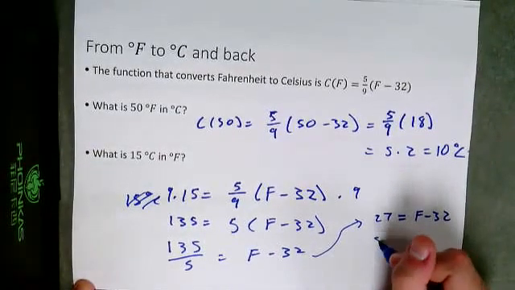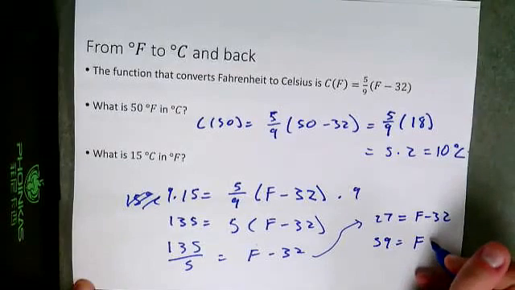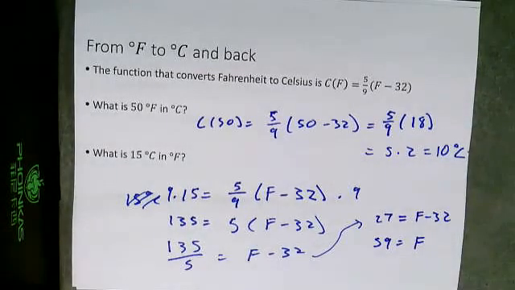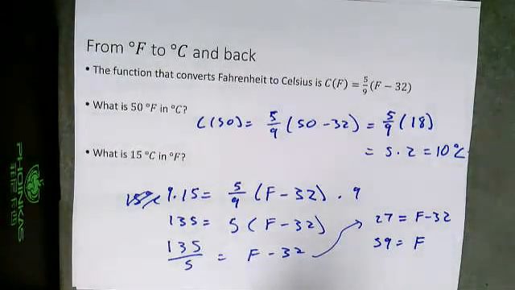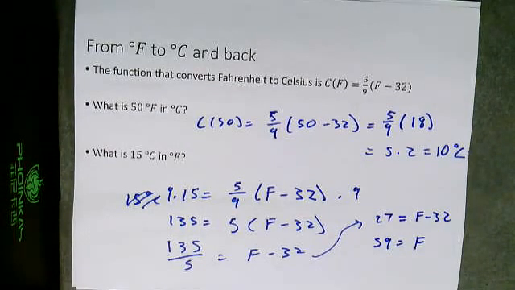Add the 32 over, and we get 59 is equal to f. So 15 degrees C is 59 degrees Fahrenheit.